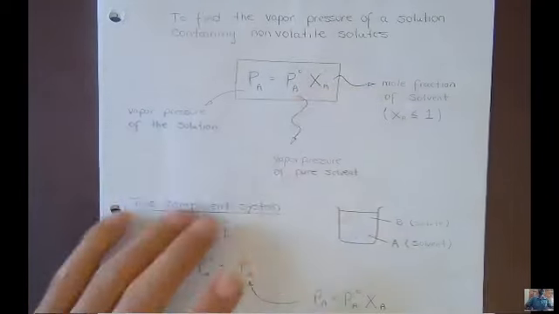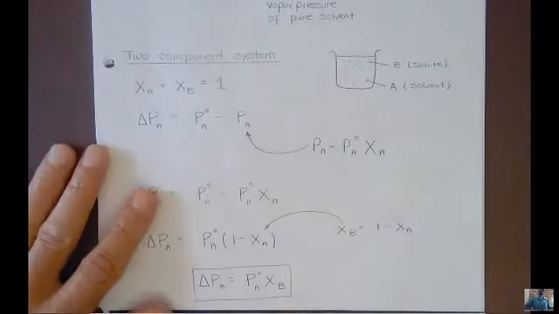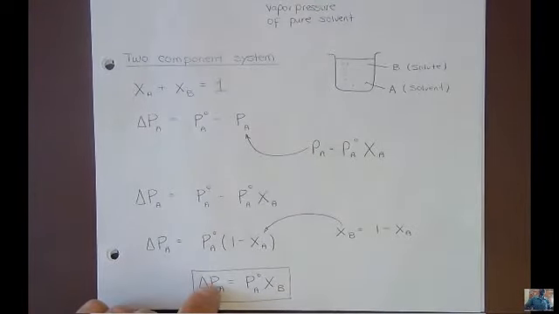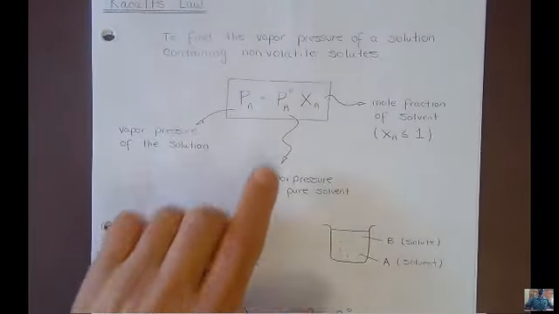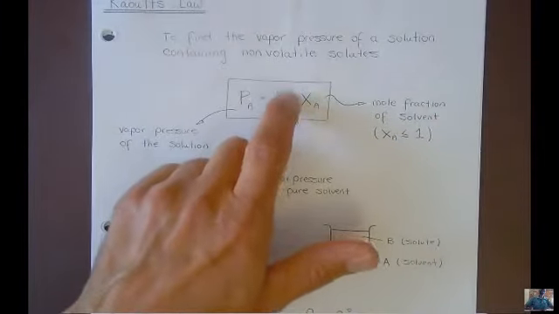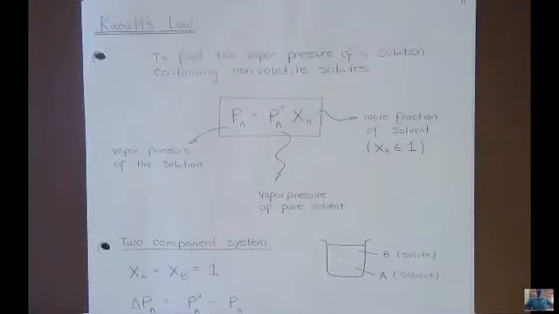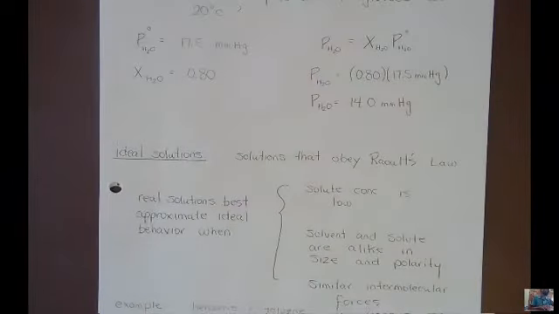So this one is for the solvent, this one is for the solute. Again, they have to add back up: how much the vapor pressure has been lowered, plus the vapor pressure of the solvent, has to add back up to the pure. So that's how vapor pressure is lowered.